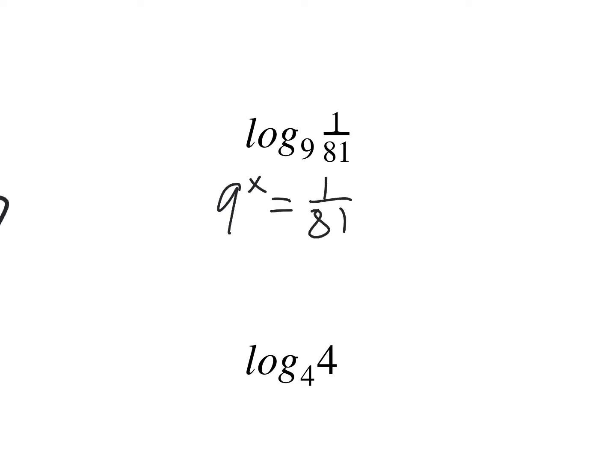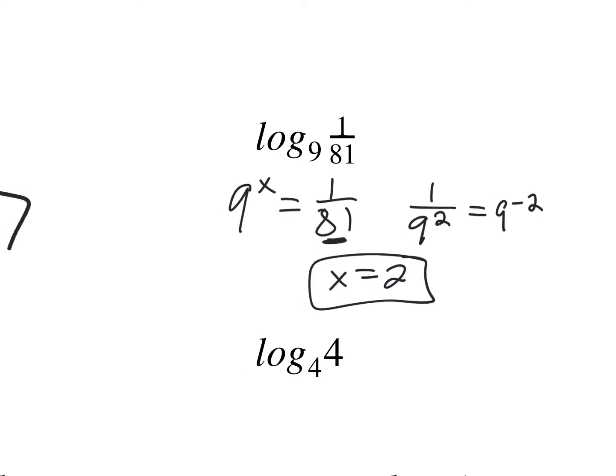My first initial instinct: 9 to what power is going to be just 81? 2, okay, but this is 1 over 81, am I right? So if I have 9 squared, but I need to move that to the bottom, can't I do 1 over 9 squared, which is the same thing as 9 to the -2, which means x would be -2.